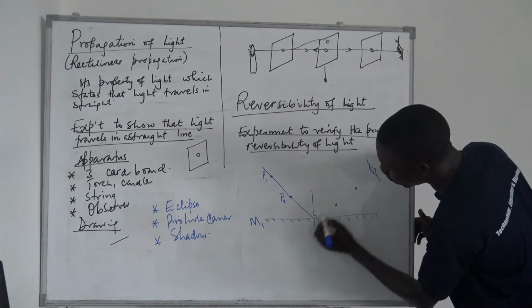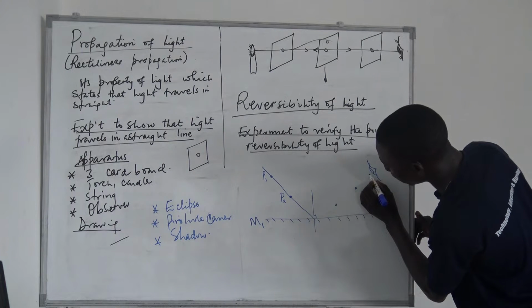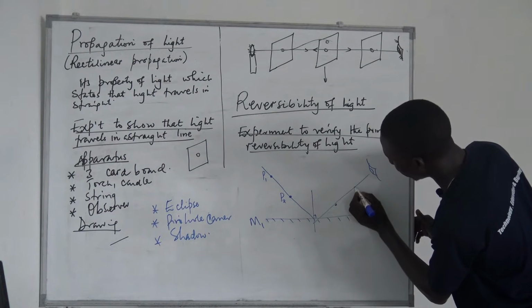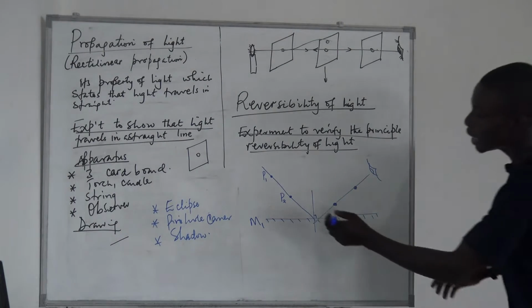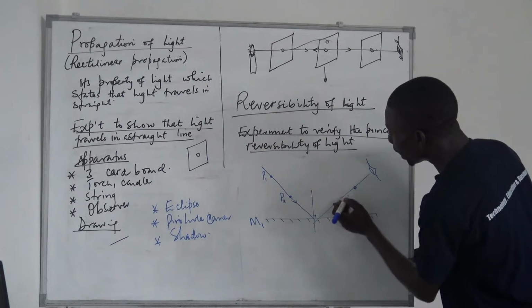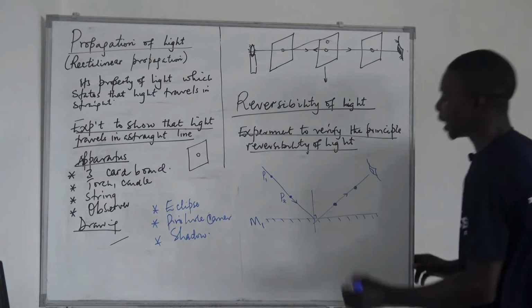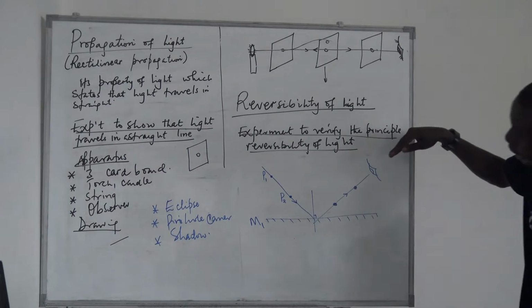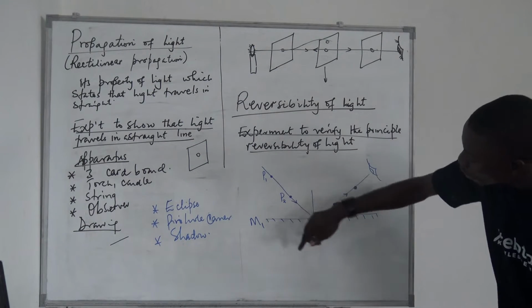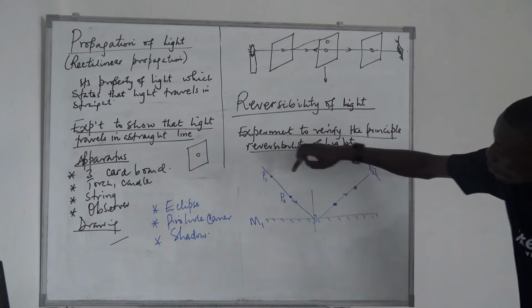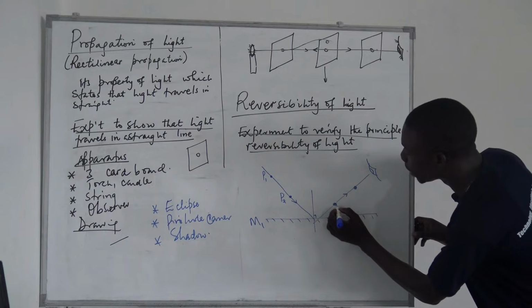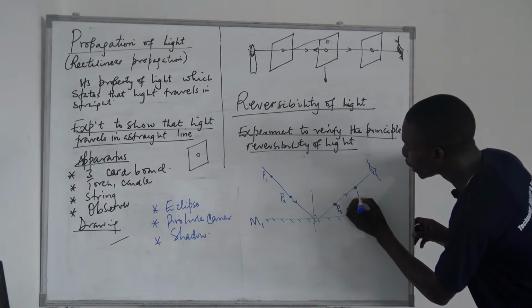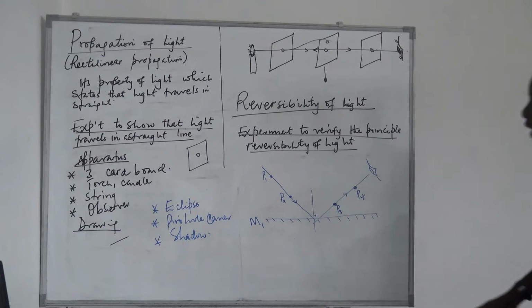And then if you join, it will be something like that. That means that this light came and it got reflected in here. You'll see now the image of these pins to be in a straight line, in line with this one, P3 and P4. Isn't it?